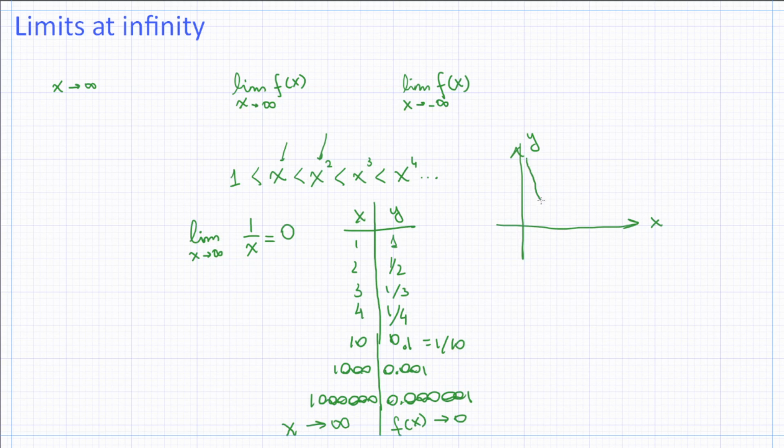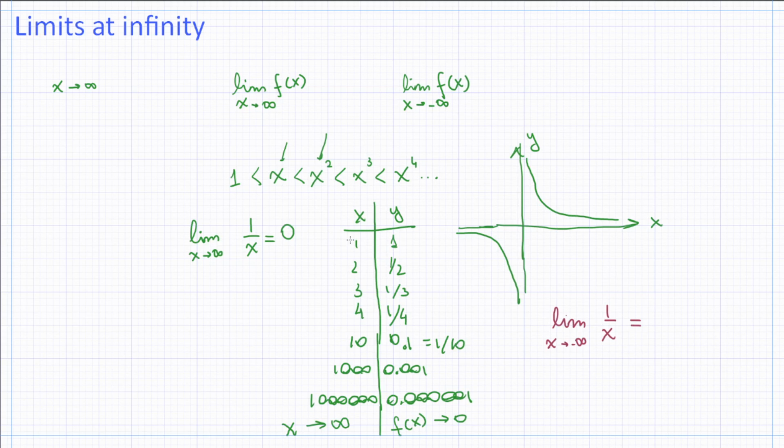And you should remember that this function is like that. And if you assume negative values, you would have the same shape but mirrored. So I could also ask you, what about the limit of the same function 1 over x when x tends towards negative infinity? If you observe, we could do exactly the same thing.